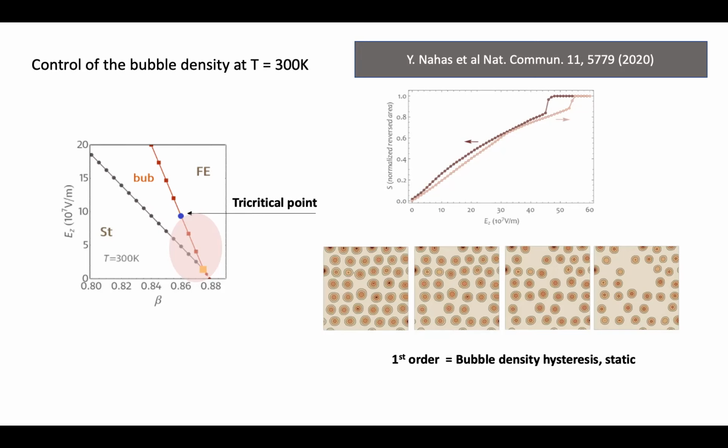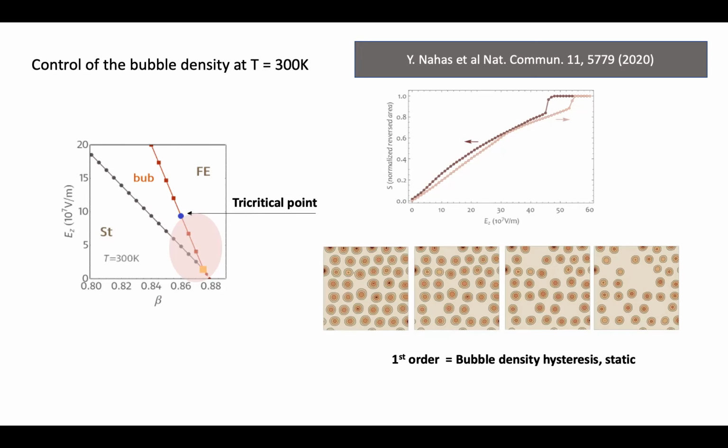But now, let's look at what it translates into in terms of bubbles. In reality, this part of the phase diagram we have explored already. And what it leads to is essentially some sort of static metastable states where you have different density of bubble domains.